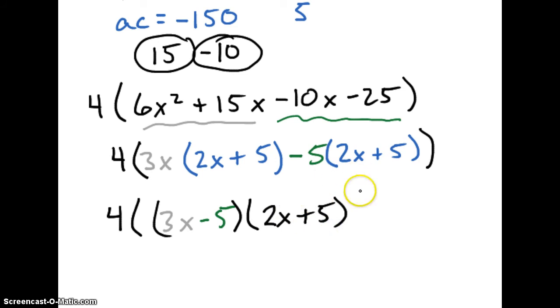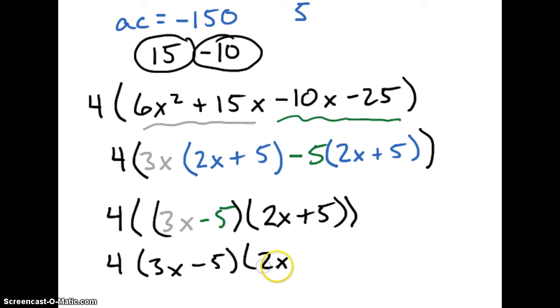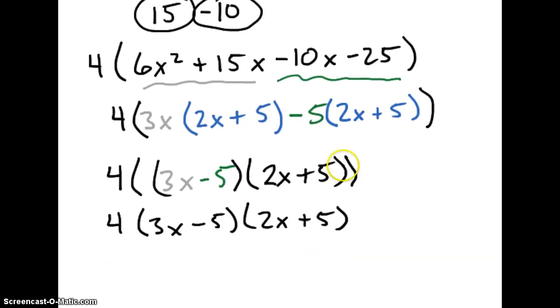I don't really need these parentheses either, so I'm going to take them off. I get 3x minus 5 times 2x plus 5, and I've got this 4 hanging out on the outside. This is my factored form.